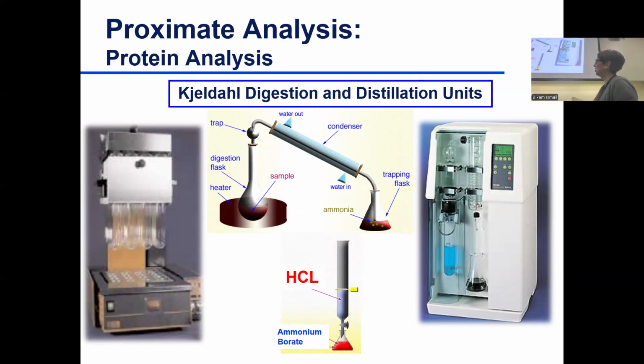We have a digestion unit where you put your sample in those tubes, you add your catalyst, you add your concentrated H2SO4, and then you bring this down and you turn on the hot plate at really high temperature. What is the temperature? 420 degrees C, very high temperature.